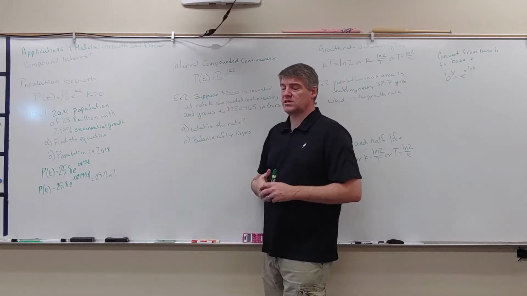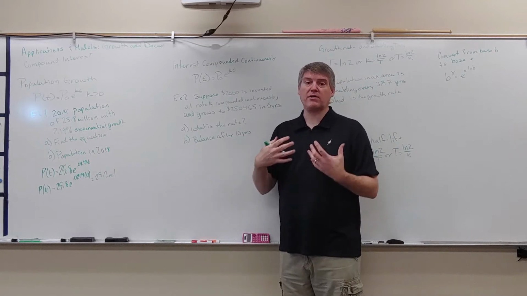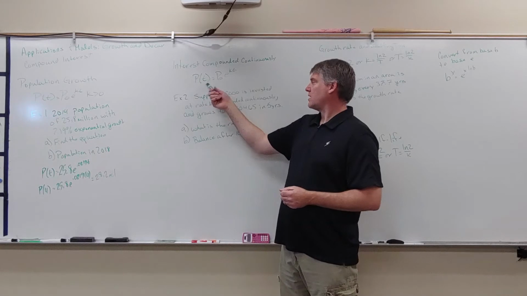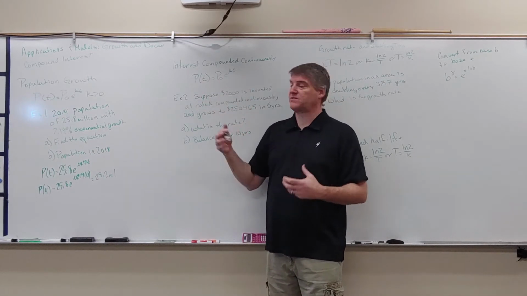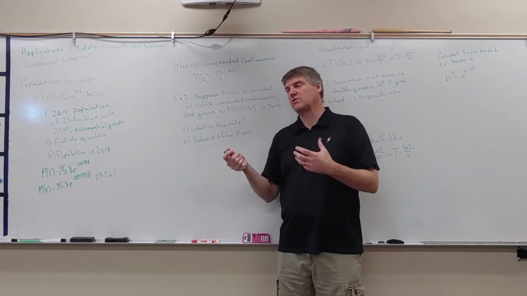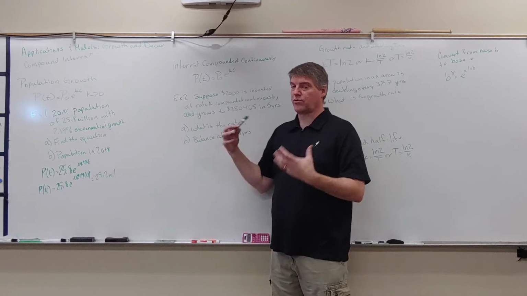The other place where we see this a lot, and we use this a lot, is compounded continuous interest. Now in your book, they put it as P of t equals P sub 0 e to the kt. They use that k because they're always talking about the growth rate as being k.